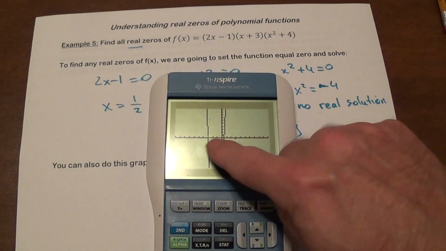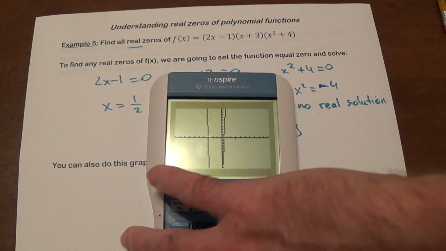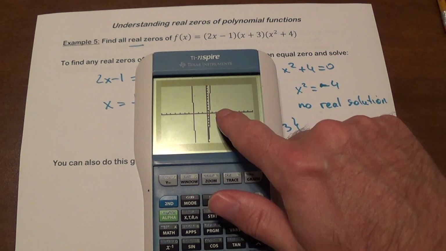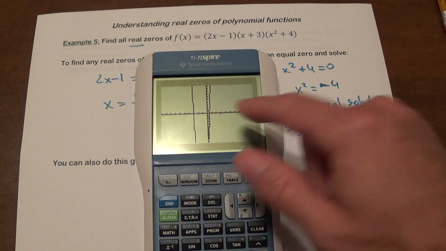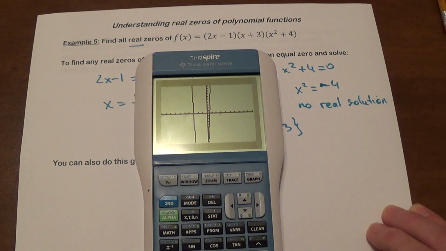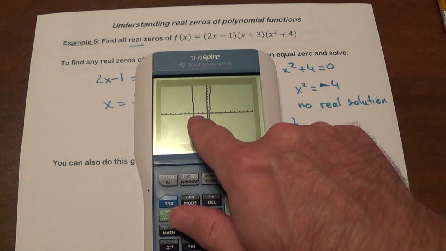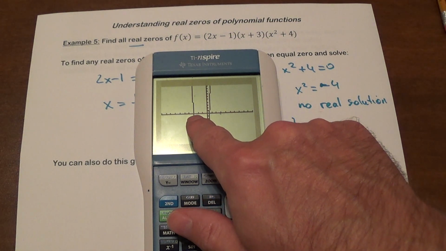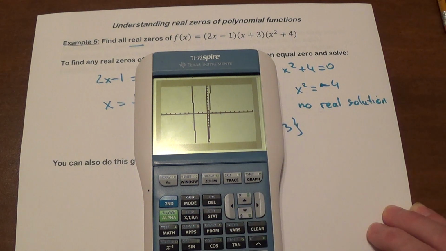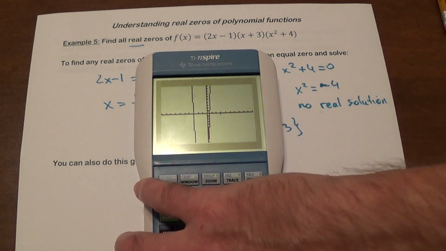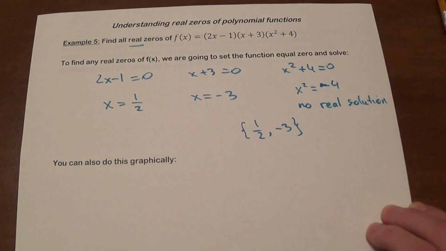You only have 2 points of intersection. Again, as I showed you earlier, that's not a guarantee. You may want to check this, but if you actually zoom in, you will see that it's only going to cross the x-axis here at negative 3 and here at 1/2, and that's it. The other solutions, they are not going to be real.